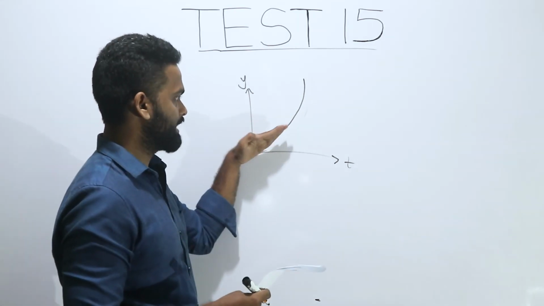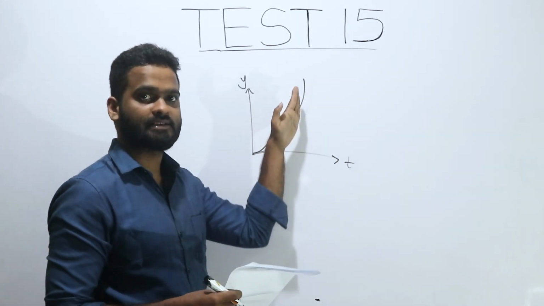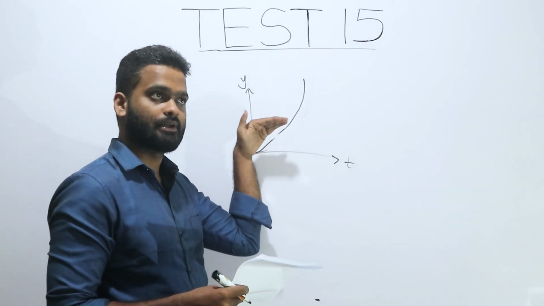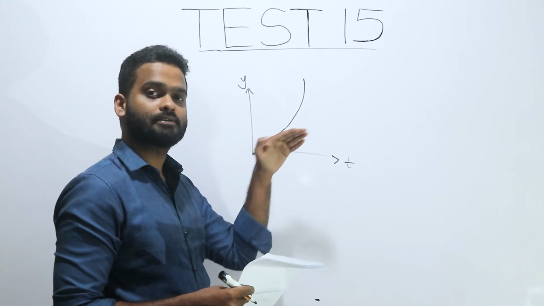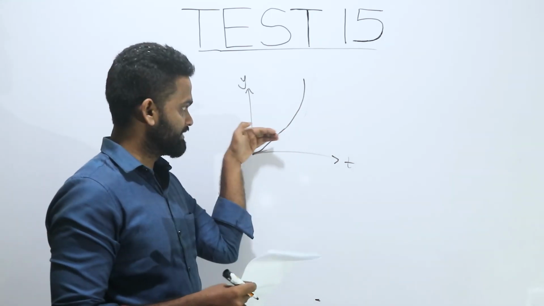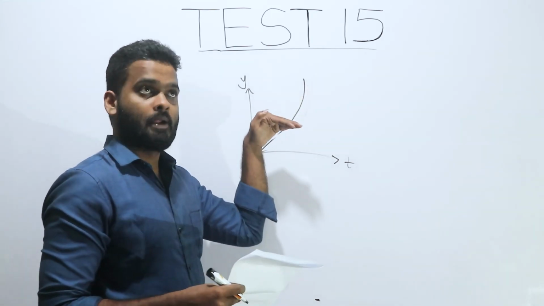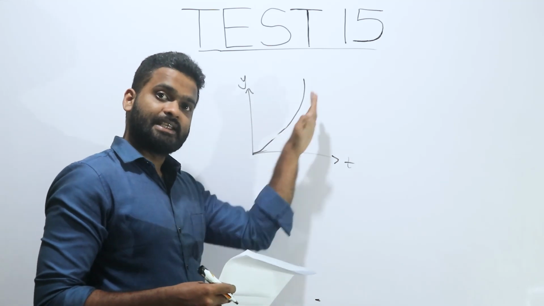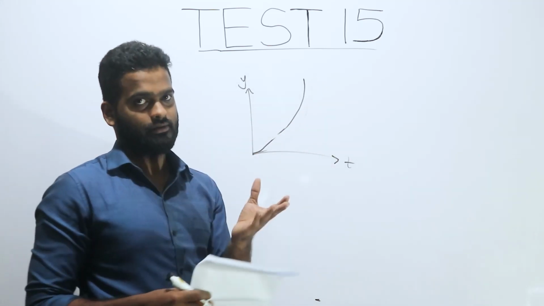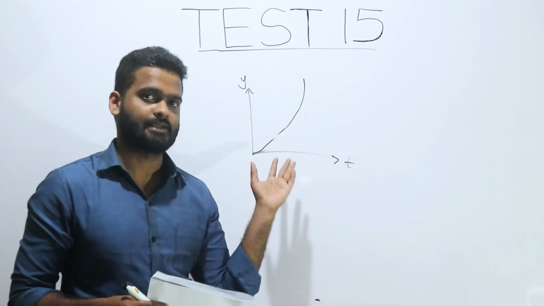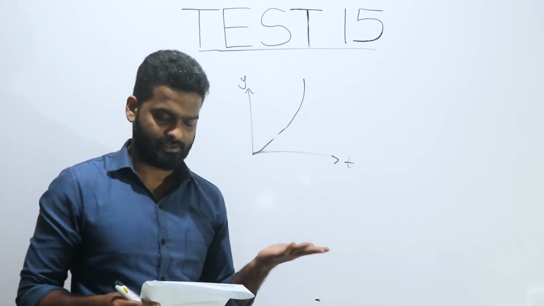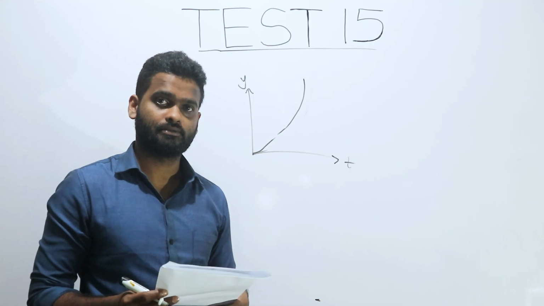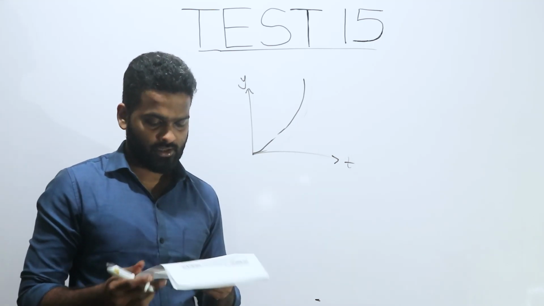Yes, this has a gradient, so it always has acceleration, because the gradient of a vt graph gives us the acceleration. So this has an acceleration, but that acceleration is increasing actually. This has an acceleration, right? Because this has a gradient.